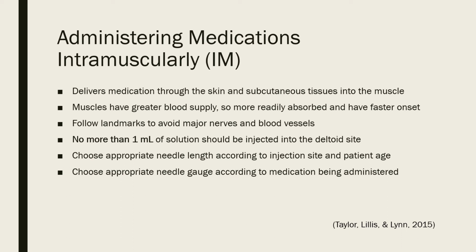And you want to choose the appropriate needle based on the injection site and the patient's age, and then the appropriate gauge. The length is how long the needle is, and the gauge is how big the diameter is. So thicker medications need a larger diameter. Thinner medications can use a smaller needle.